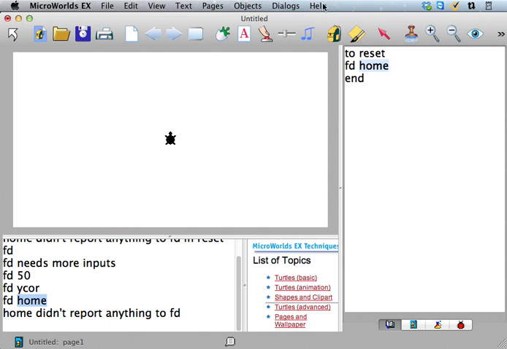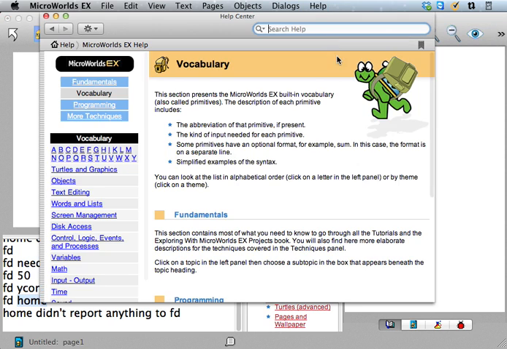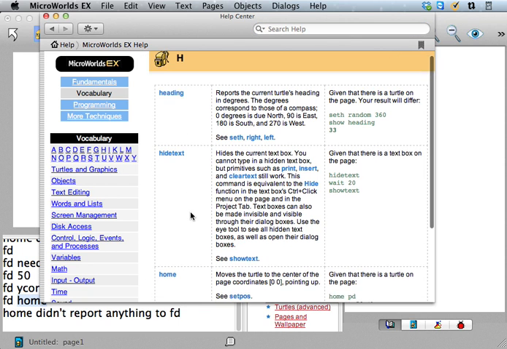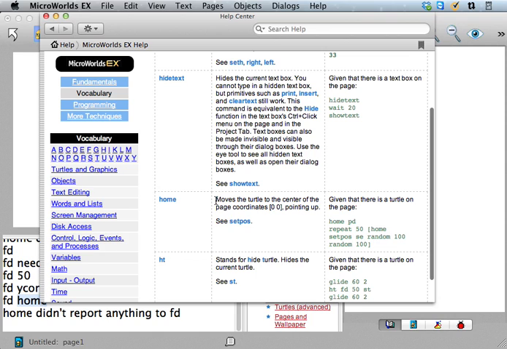Let's look up home. Is home a reporter? Let's see. Home moves the turtle to the center of the page coordinates. So home makes something happen in the world. It doesn't give us information about the state of Microworlds. It makes something change in Microworlds.